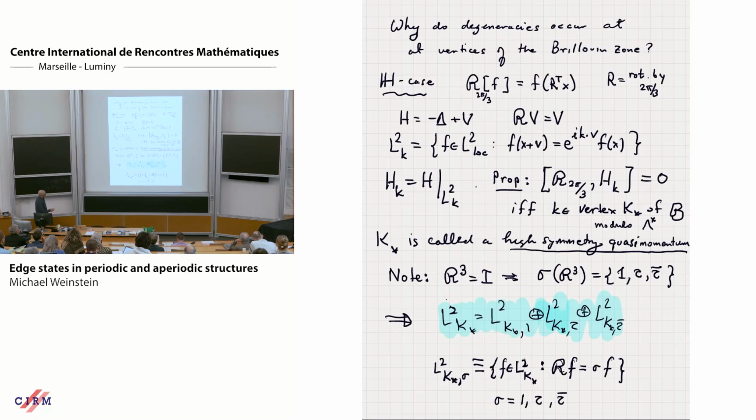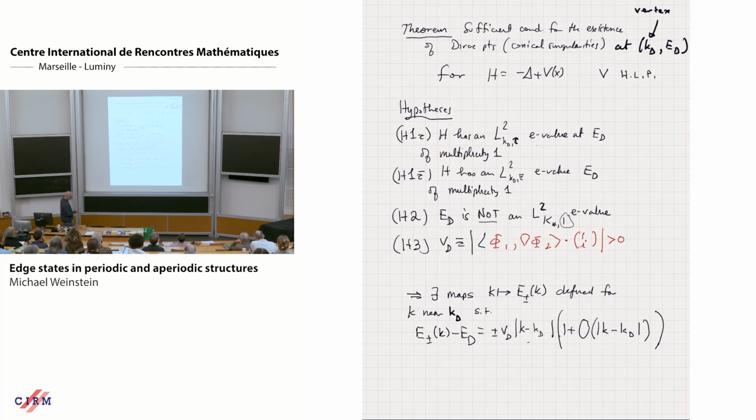Then you can break L² into an orthogonal sum of L²_{K,1}, L²_{K,τ} and L²_{K,τ̄} spaces, where L²_{K,σ}, with σ an index, is just all L²_K functions which give you a factor of σ, 1, τ or τ̄, when you apply the rotation to it. So that's the first observation.